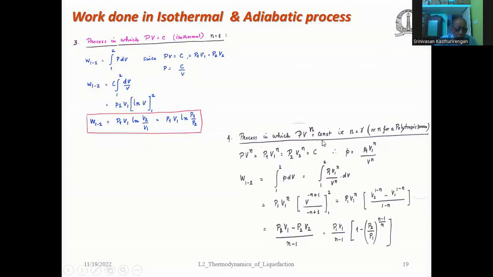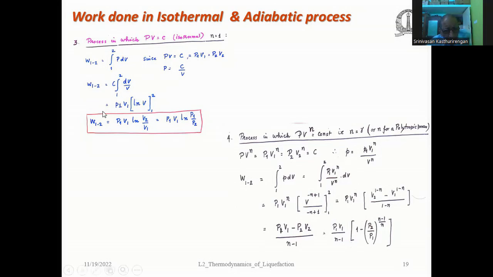There are expressions for isothermal and adiabatic processes, where PV is equal to constant in the case of an isothermal process, and PV^n or PV^gamma is constant in the case of an isentropic process.